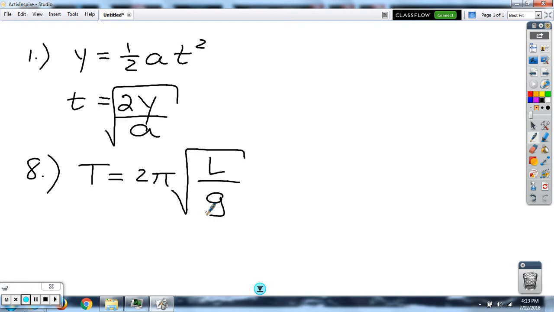You don't have to know this for the sake of doing this problem, because all I'm asking you guys to do is algebraically solve for one of the variables, and so in this case we want to solve for L.